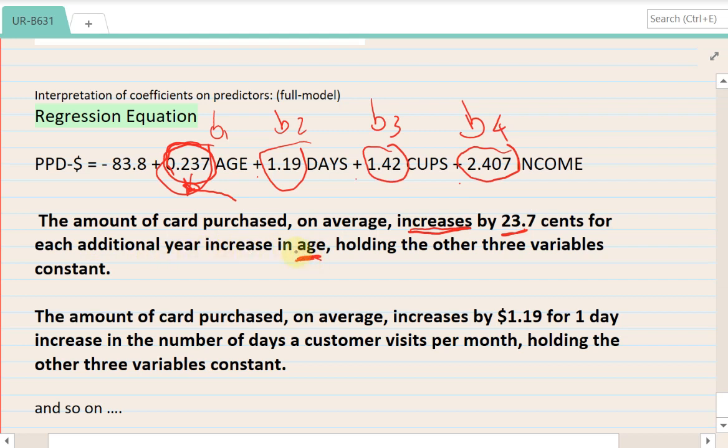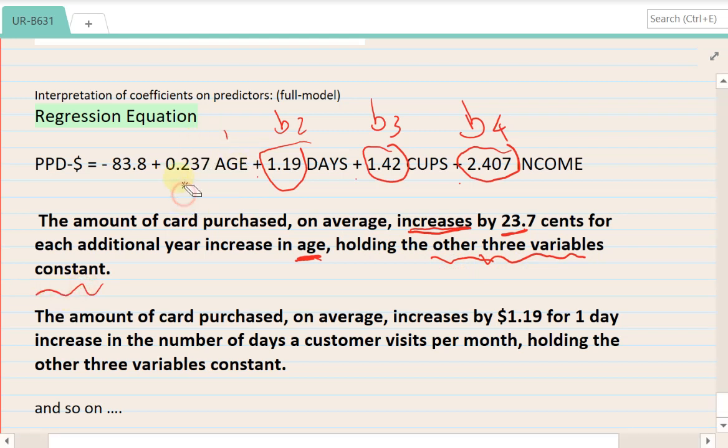So a 30-year-old person goes in, whatever they buy. A 35-year-old person goes in, 5 times 24 cents. That means they're more likely to spend 5 times 25 cents, $1.25 more, just due to their age. That's assuming all other variables are held constant.